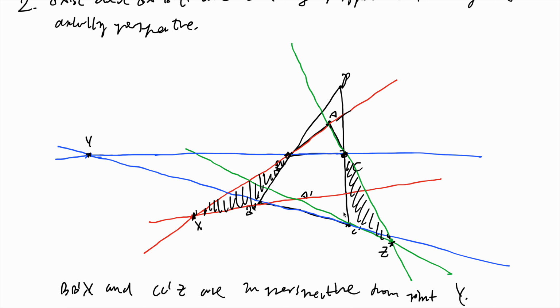So if X B prime B and Z C prime C are in perspective from point Y, then we know that they are also axially perspective.